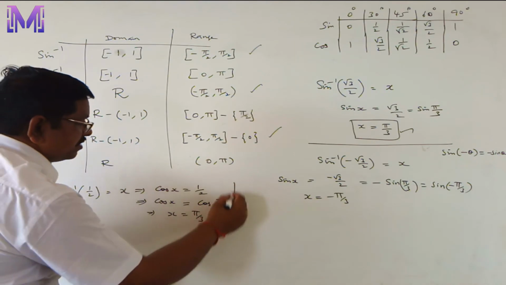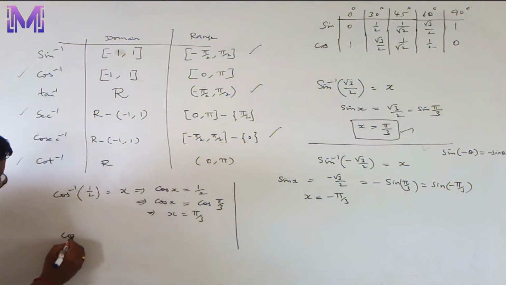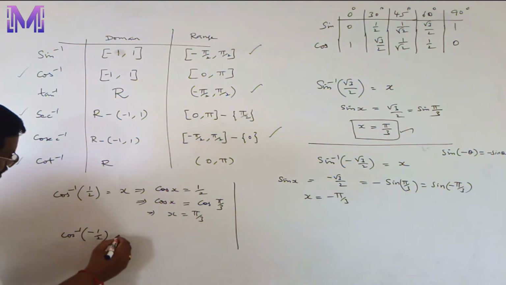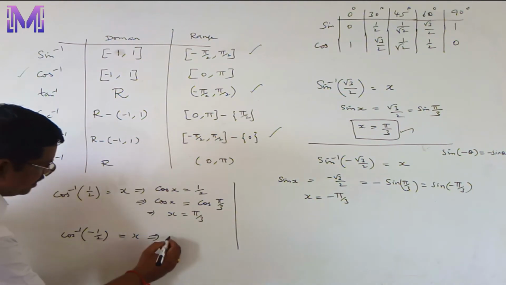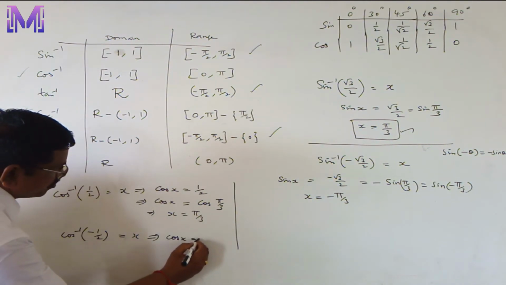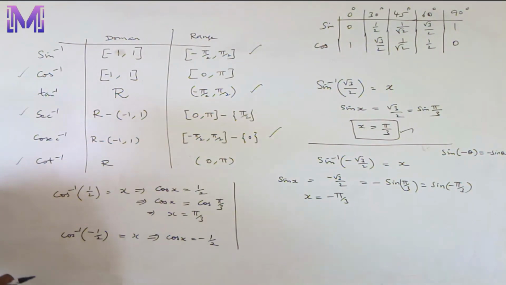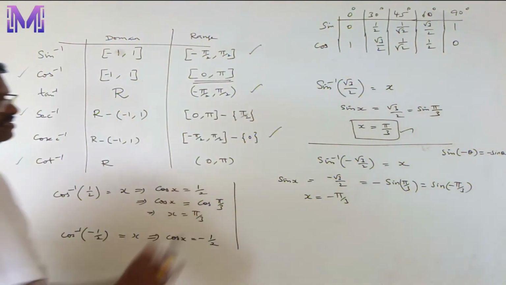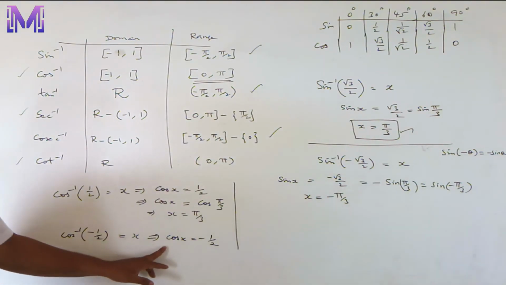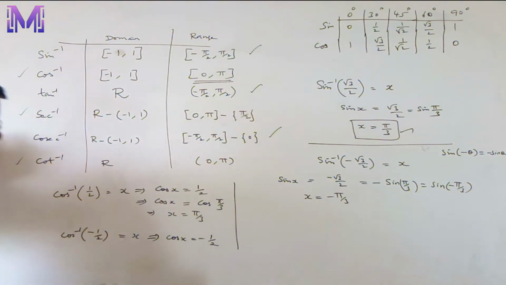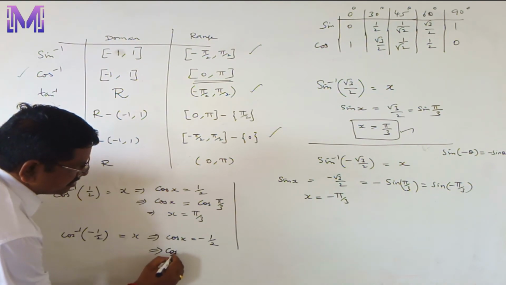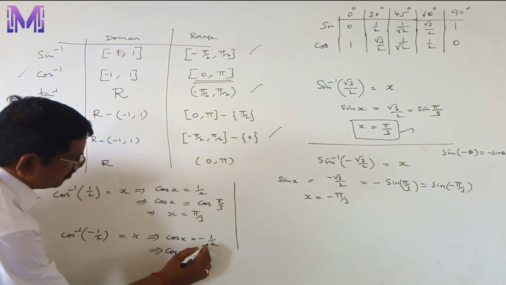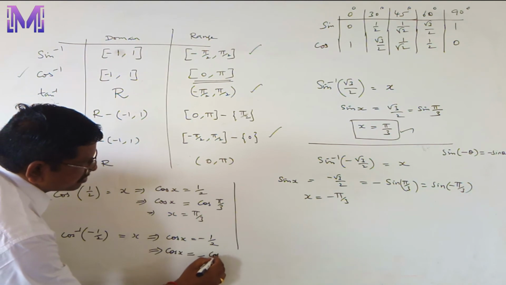Suppose we are given cos inverse of minus 1 by 2. Here we take this equal to x, so we get cos x is equal to minus 1 by 2. Here remember the value must be between 0 and pi, that is the range. For a negative value, first note that 1 by 2 is cos of pi by 3.